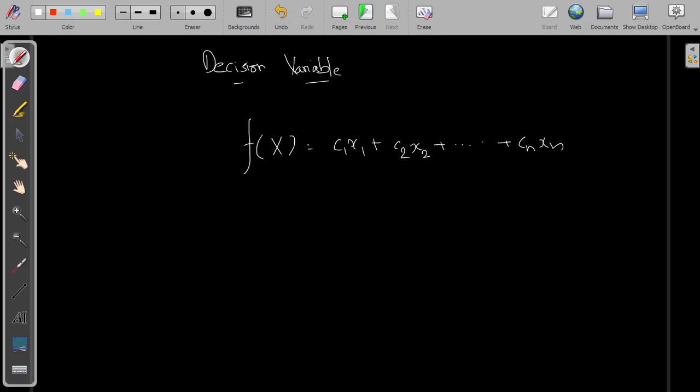The decision variables are x1, x2, x3, x4, up to xn, simply our variables, that means the solution we have to find. Where ci, with i varying from 1, 2, 3 up to n, are called the coefficients of the cost function, or coefficients of the loss function or profit function. In general you can simply call them coefficients.